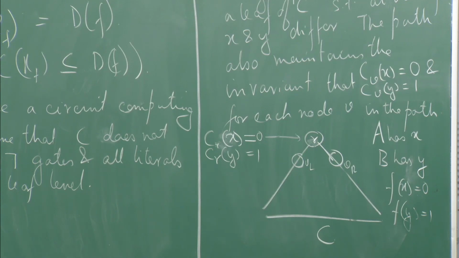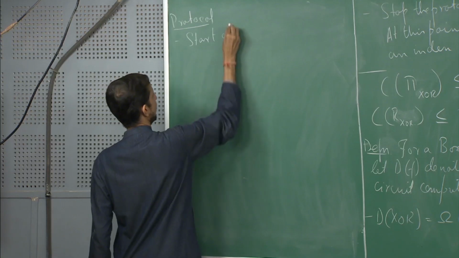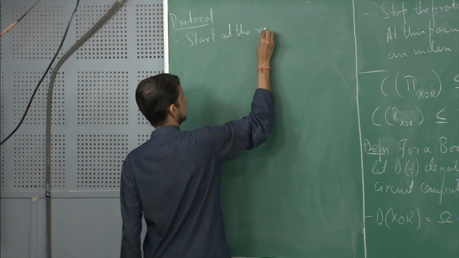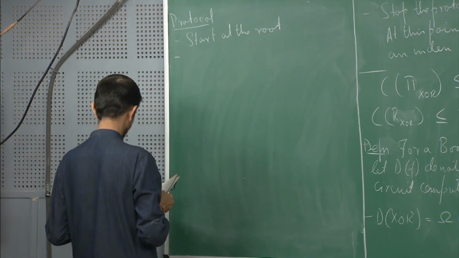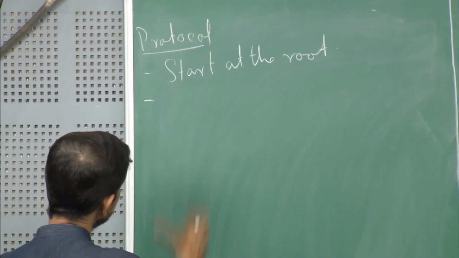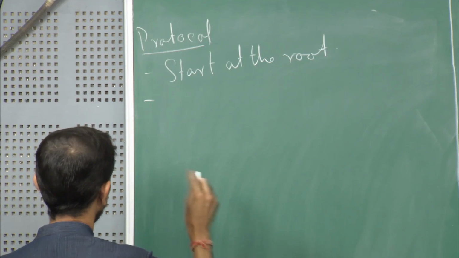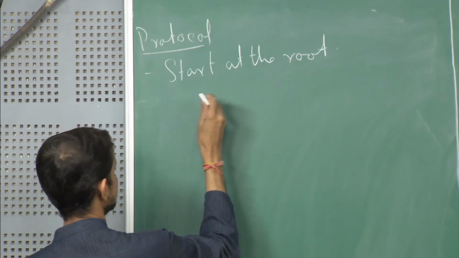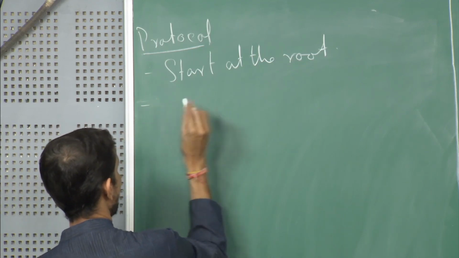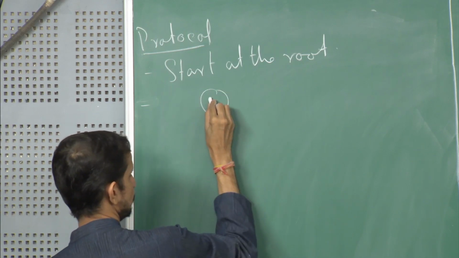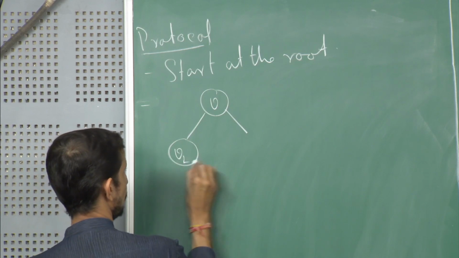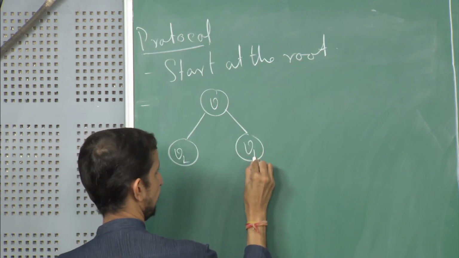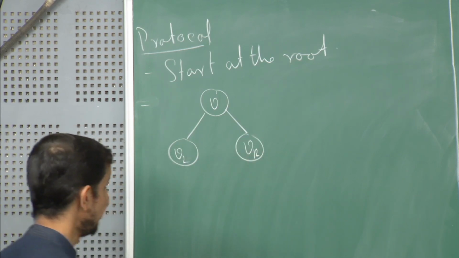Start at the root. Let me show this pictorially, this is easier. Suppose I have a node V with children VL and VR.